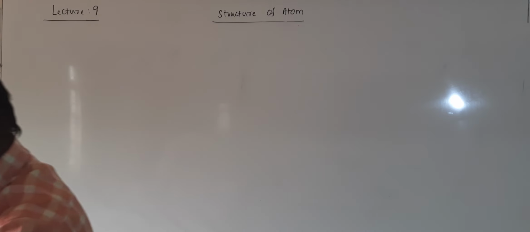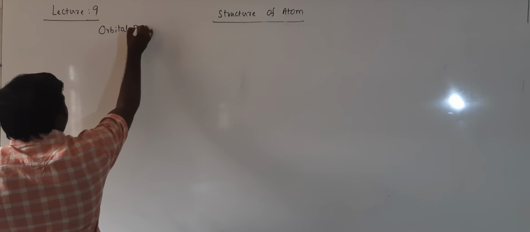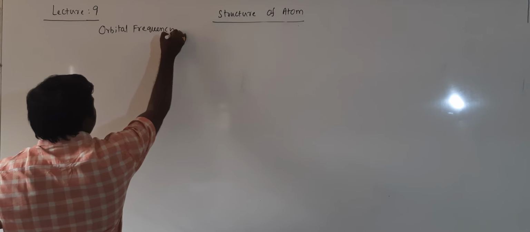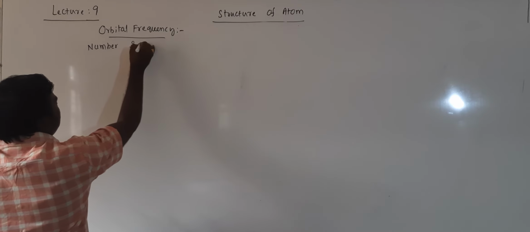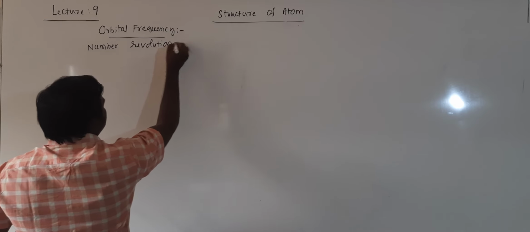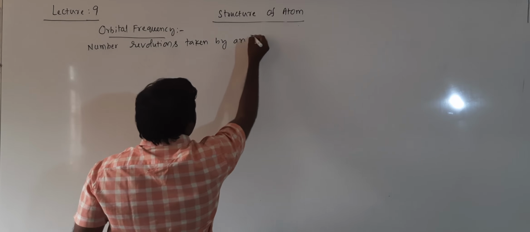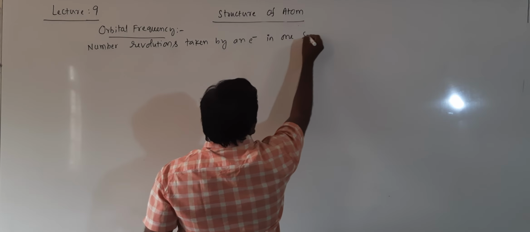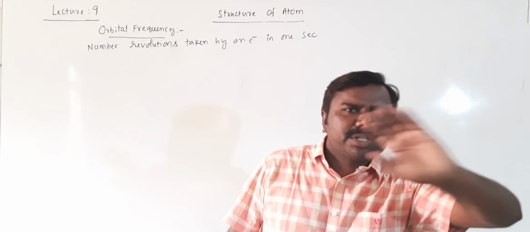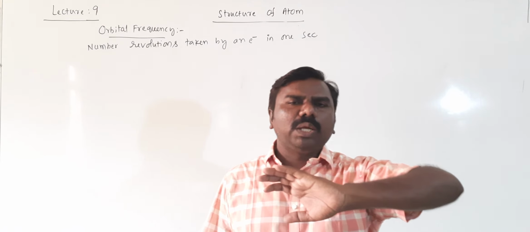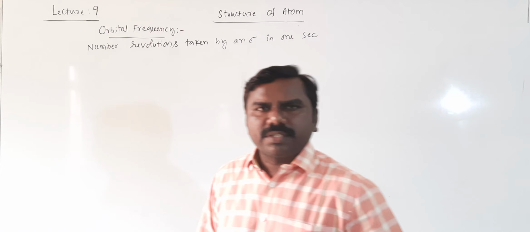How many revolutions does one electron make around the nucleus in 1 second? That is called orbital frequency.